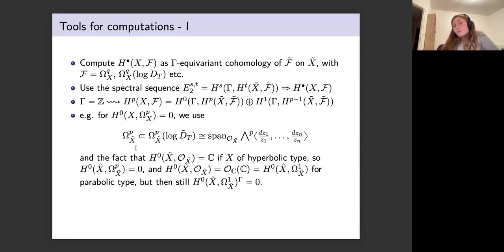And you're going to think of holomorphic forms on the universal cover as being a subsheaf of holomorphic forms with poles along the toric divisors. Why do you do that? Because this sheaf is trivial, and it's just generated by these forms, and so it's much easier to see what the global sections of this are, and then you say a holomorphic form is one of these which has no poles.